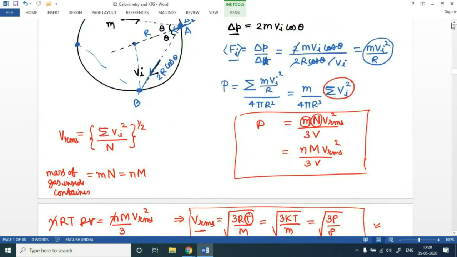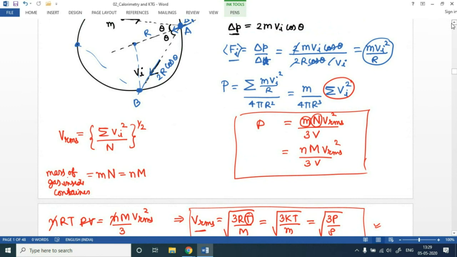Right now we are running short of time, and I will not be starting any new discussion. Next I will be discussing the Maxwell's distribution curve, and how we can use it to calculate the average speed, the RMS speed or the most probable speed, etc. Then later on we will look at the translational kinetic energy of the gas as a whole.